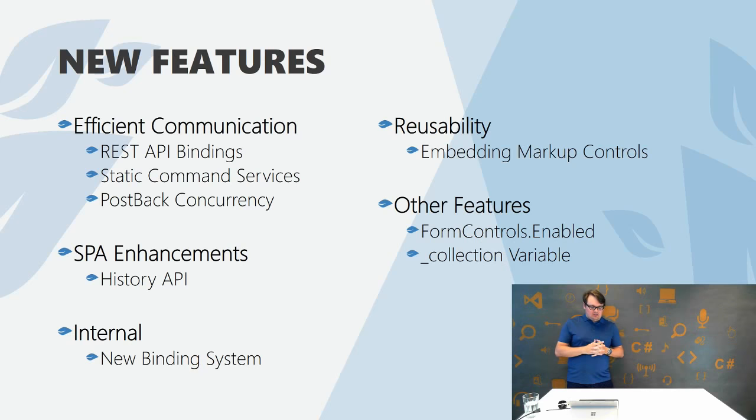If you have been using SPAs, you may have noticed that in the URL there is the hash mark, and the relative path in the application is stored behind the hash mark. New browsers came with a thing which is called History API, which allows to have single-page applications without the hash marks. So we have implemented History API in SPAs in DotVVM, and it will work with very few changes in the code.